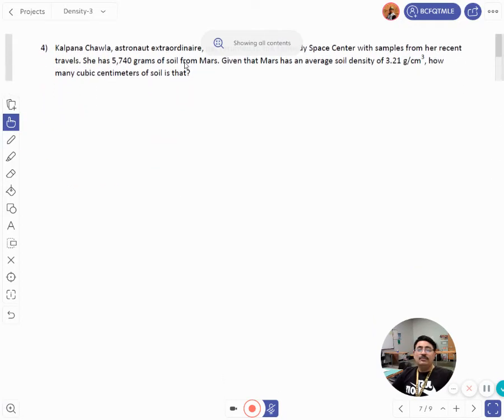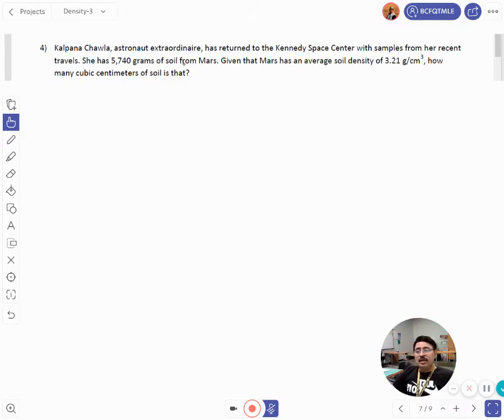You might have heard about this astronaut. Kalpana Chawla, astronaut extraordinary, has returned to the Kennedy Space Center with samples from her recent travels. She has 5,740 grams of soil from Mars. So this one is representing mass, right?